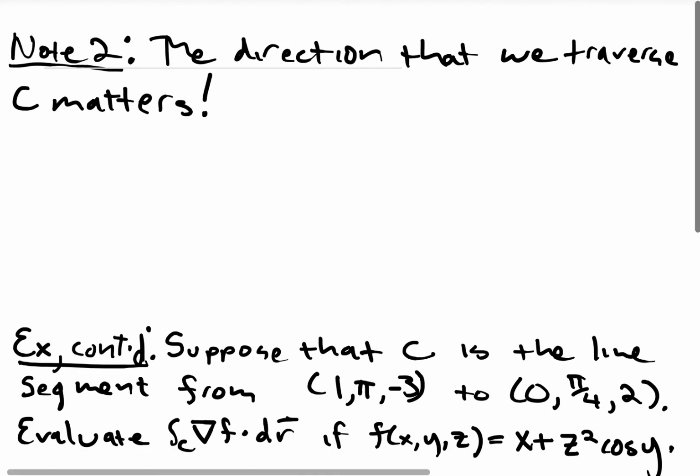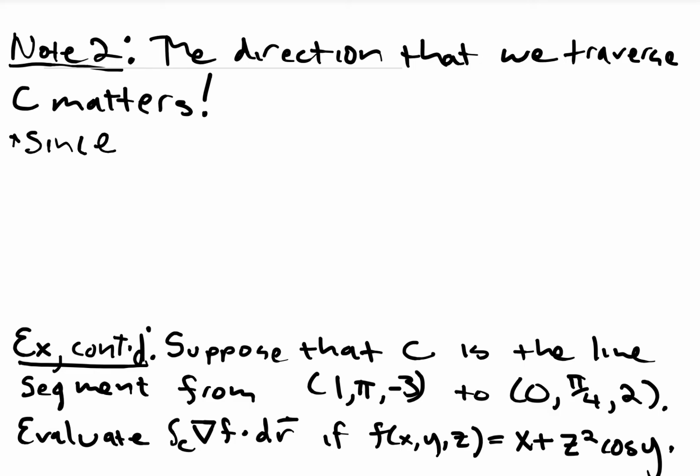Another comment, since I'm mentioning things independent of path: I don't want to completely throw out the idea of this curve. In all of these examples I've specified an ending point and a starting point, so the direction we're traveling along that curve is important.